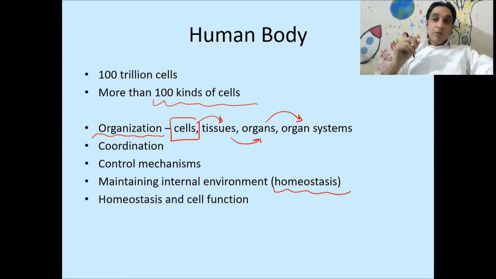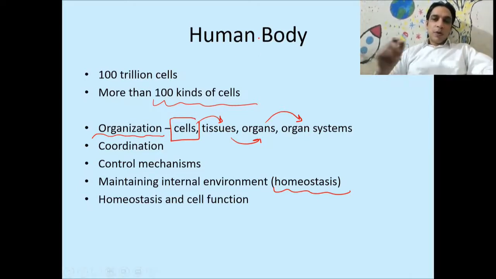We will never be able to exist as humans if we lose the function of any one of the organ systems. Even if you are wonderful, you are dead if you don't have a digestive system. Without a digestive system, no life. Without a respiratory system, no life. Without a brain, no life.